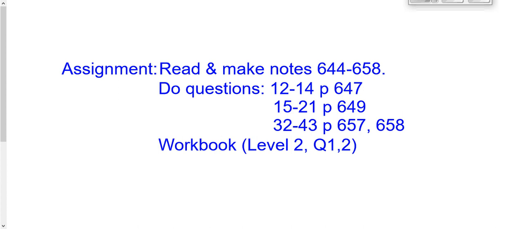This is a big concept and will require significant practice. There is lots of practice and explanation in your textbook on pages 644 to 658. There are several questions for you to do out of your textbook that will be good practice for you, especially on Ka and Kb calculations. Also, in your workbook, there's a section called Level 2 Questions, and I want you to do questions 1 and 2, which will help you to practice using percent ionization.